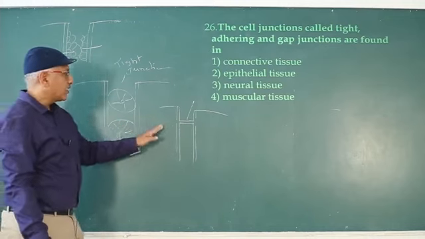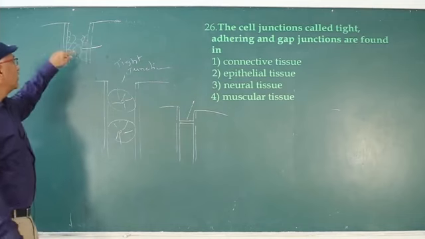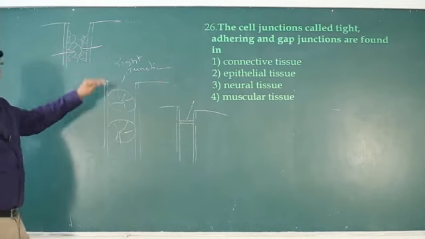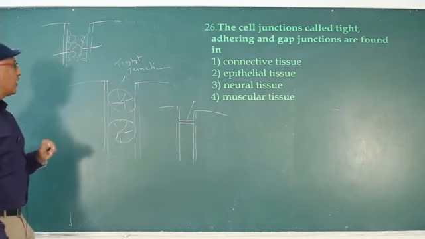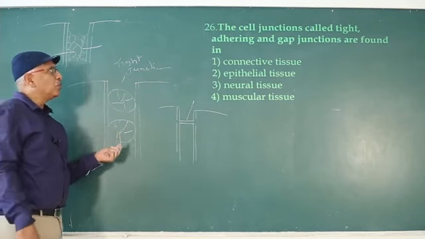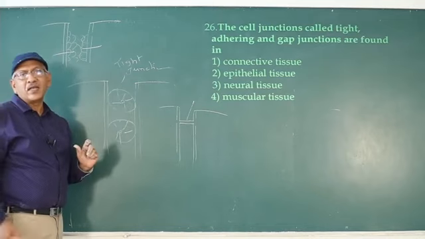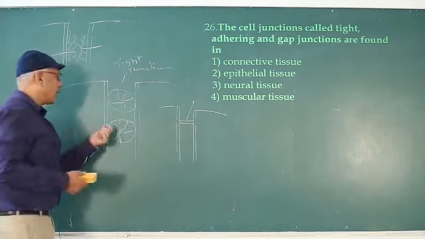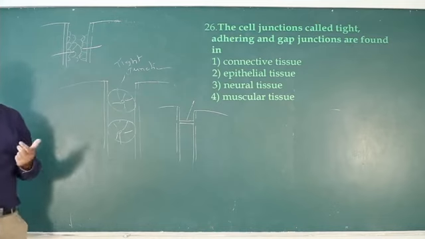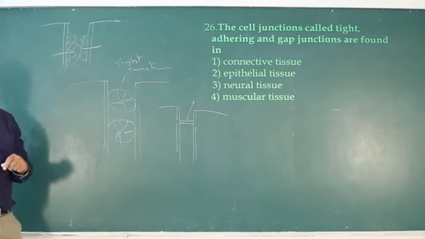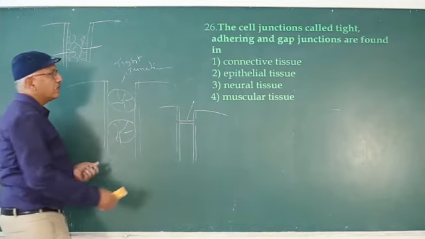Opposite is the tight junction, which prevents the entry of ions, molecules, and water from one cell to another. And desmosomes are adhering junctions that attach one cell to the adjacent cell, like pages in a book. In a book several pages are present, and one page attaches to another page. Adhering junctions.